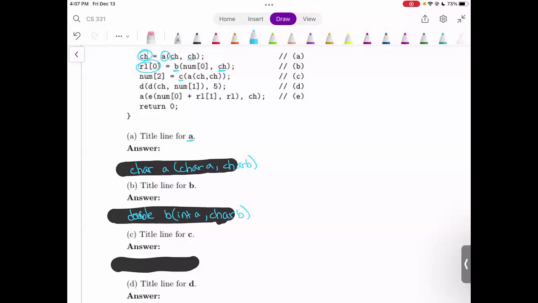C takes in one parameter. It takes in whatever A returns.